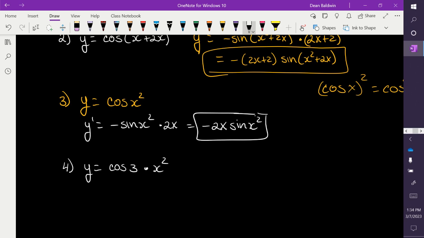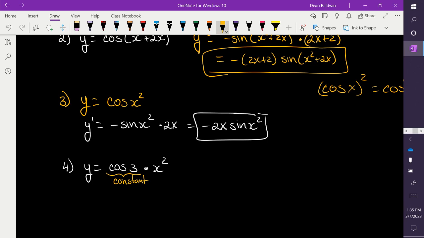Anybody know what the derivative is? Cosine of 3 is a constant, right? So you just have to worry about the x squared, because it's cosine 3.